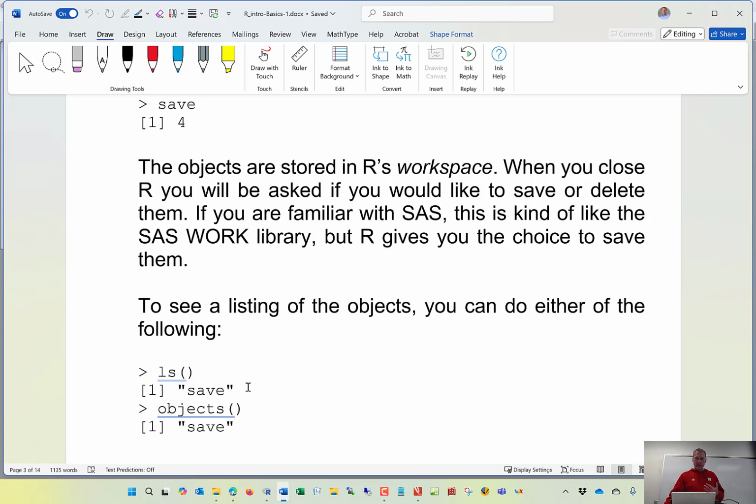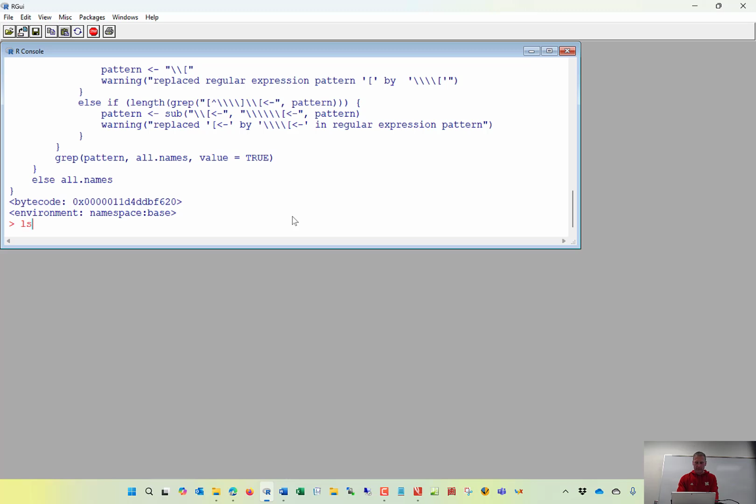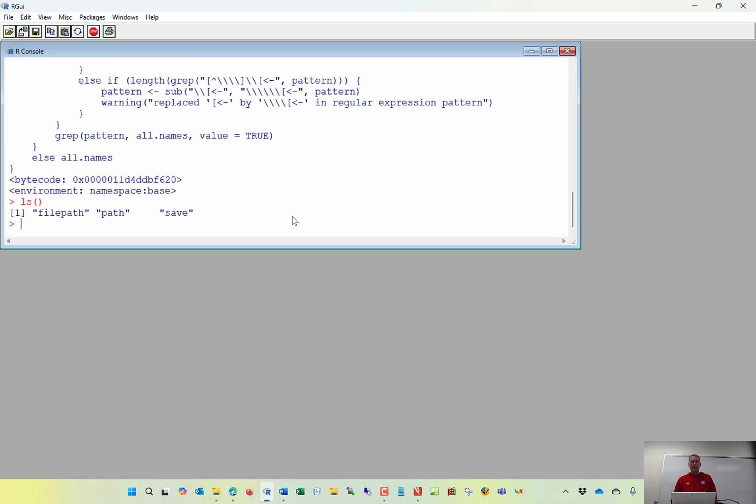That's where it's located. If you want to see a list of all the stuff that's in there, you can just simply type ls, parentheses and parentheses, and there you see the word save. ls stands for list. For those of you who have a lot of Linux experience, ls is just a standard command in Linux to list all your files out there.